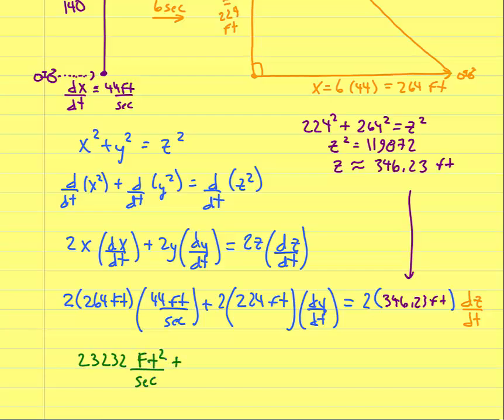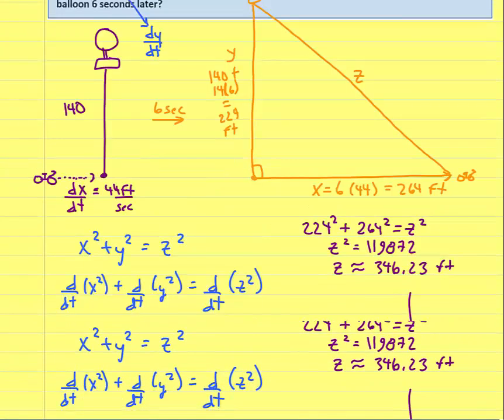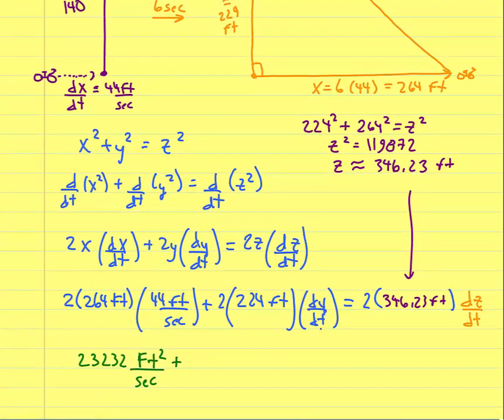Plus 2 times 224 times our dy/dt. Now our dy/dt was the 14 feet per second, and I think I said it but I didn't write it down. So as we plug that in, that would be our 14 feet per second.